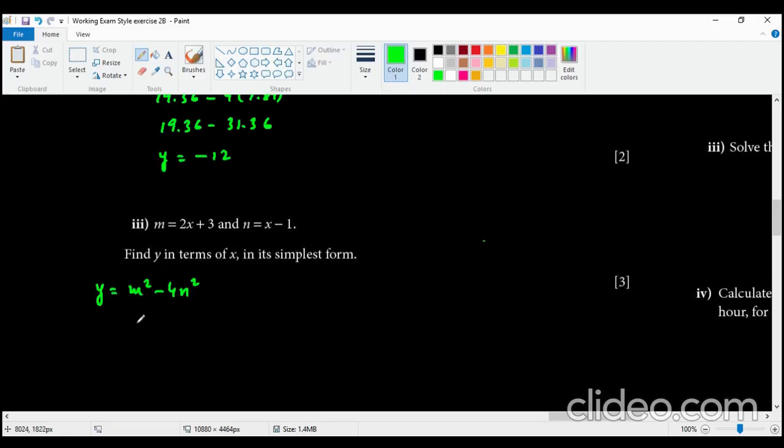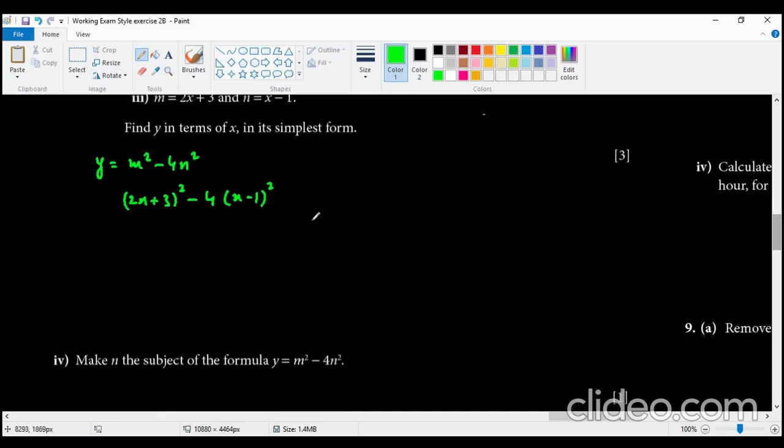That means the value of m is 2x plus 3 square minus 4 times the n value, x minus 1 square. So I'll be using the a plus b whole square formula, which gives us a square plus 2ab plus b square. Now comes minus 4 times a square minus 2ab plus b square.